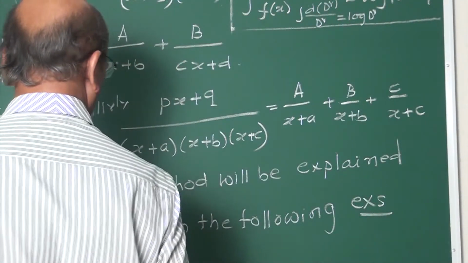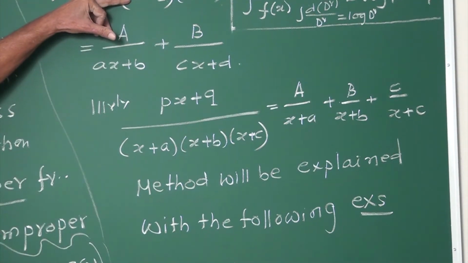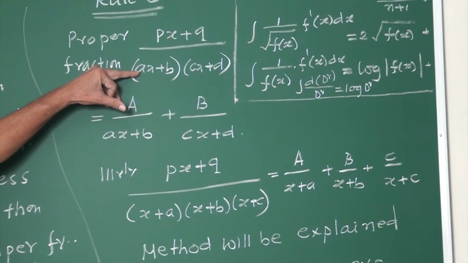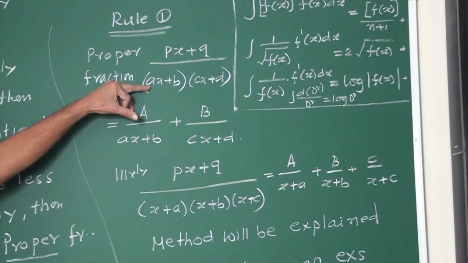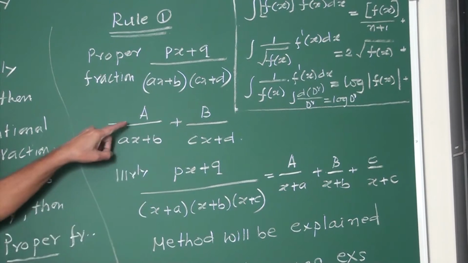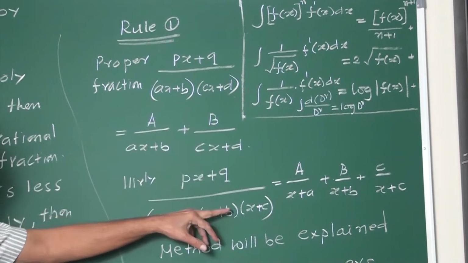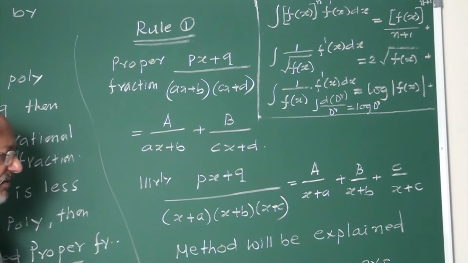Yes, my friends. While doing the examples, if the denominator contains two linear non-repeated, different factors, then the partial fraction is A upon the first factor plus B upon the second factor. If there is a third, C upon the third factor.